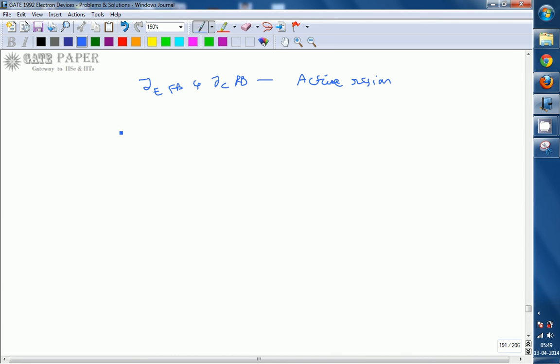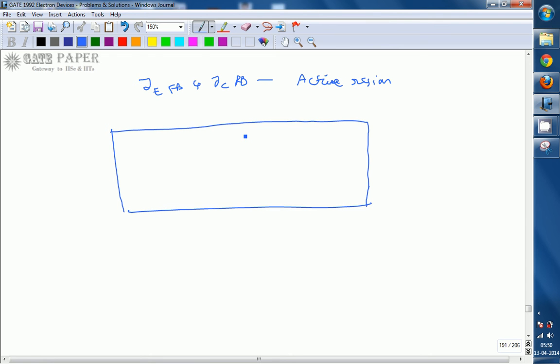Now if you take this as a transistor, this is the emitter and this is the base, and the width is given as WB, the neutral base width, given as 0.5 micrometers.